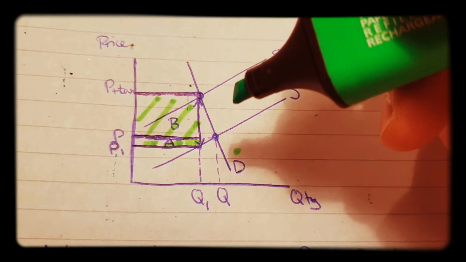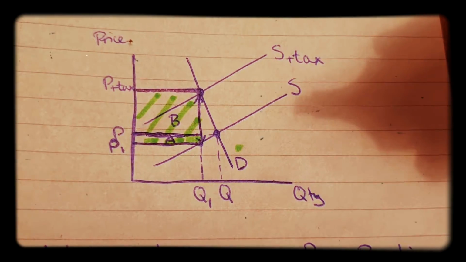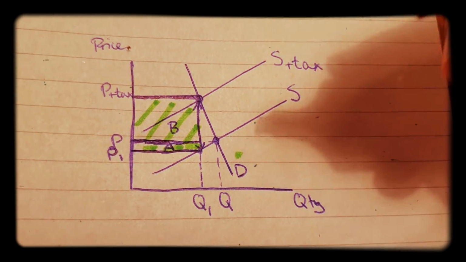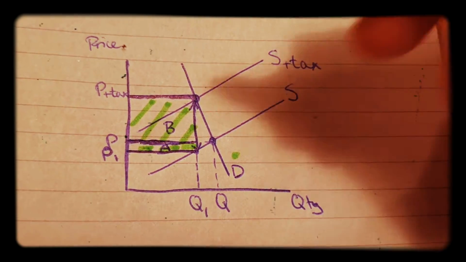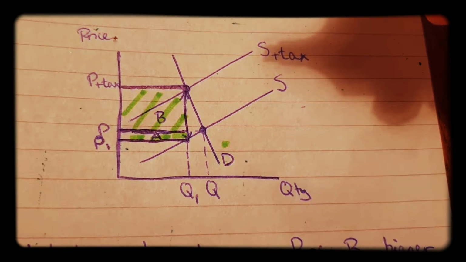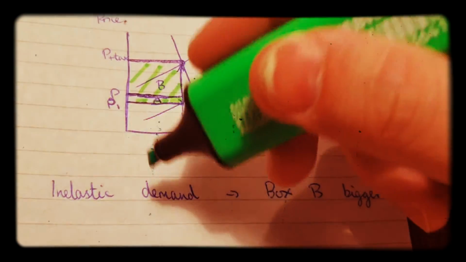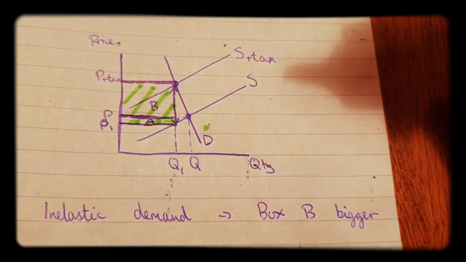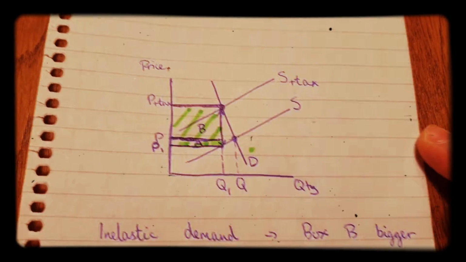With inelastic demand, the producer takes advantage of the consumer's willingness to pay and passes more of the tax on to the consumer. So with inelastic demand, box B, the consumer burden, is bigger.